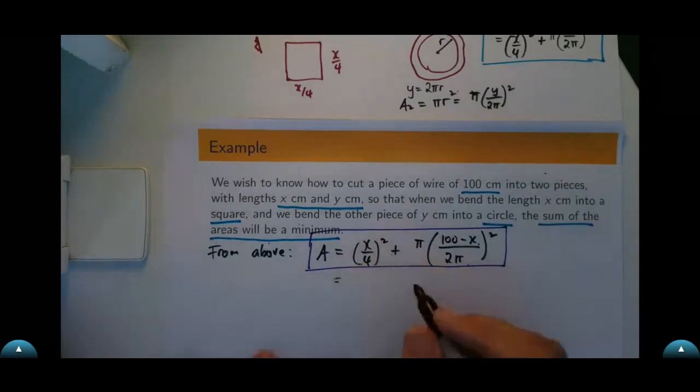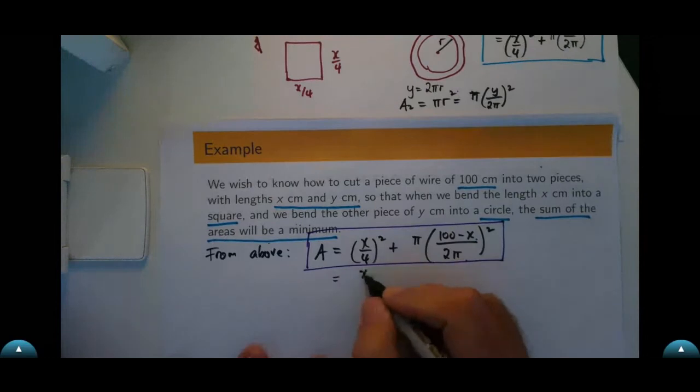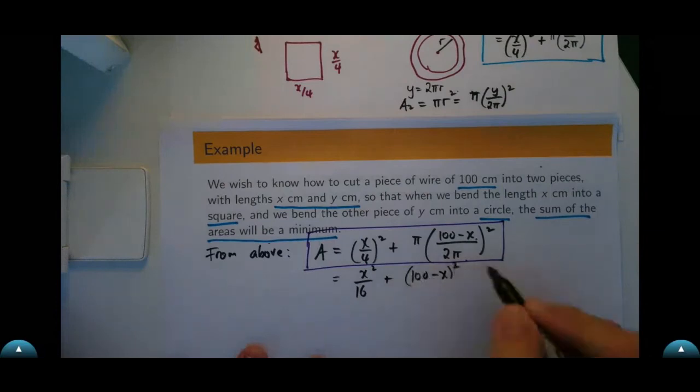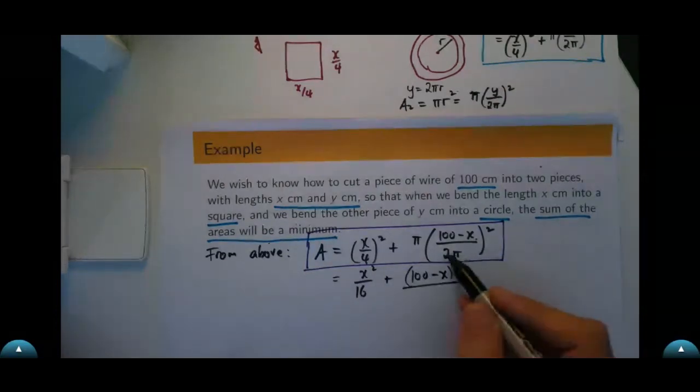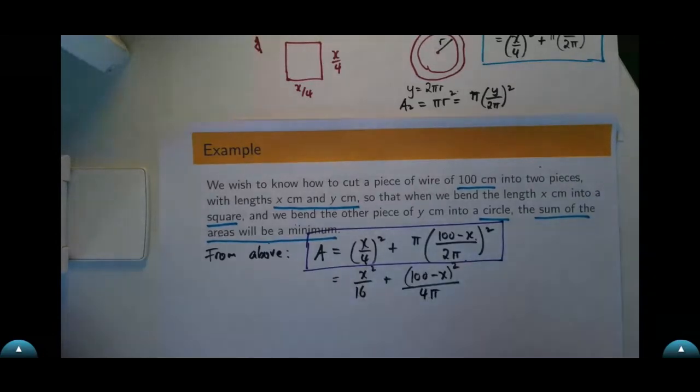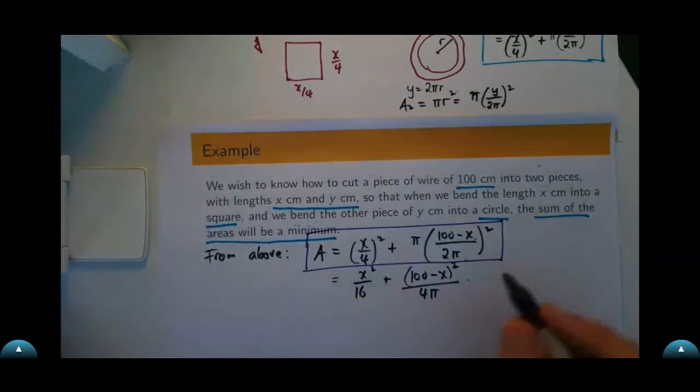So I might just simplify this first. I'm going to get 100 minus x squared, and it's all going to be over 4 pi squared, which will just be 4 pi. All right, so I'll differentiate this. Now you could simplify that. I'm just going to differentiate it.